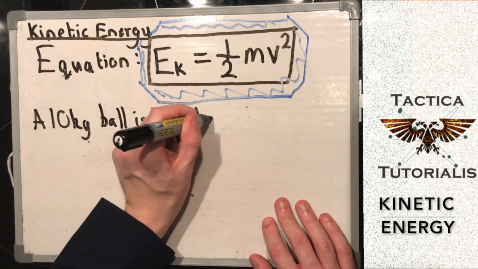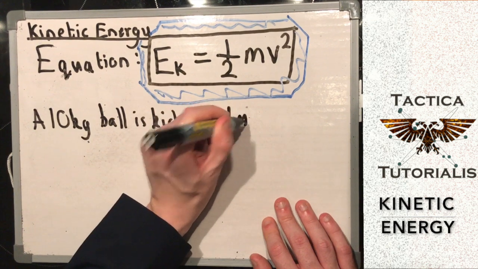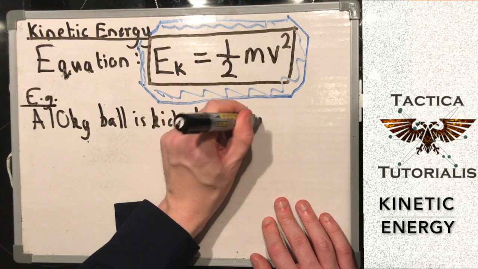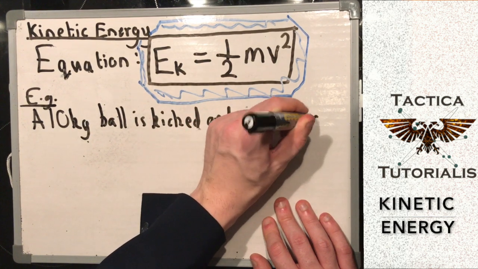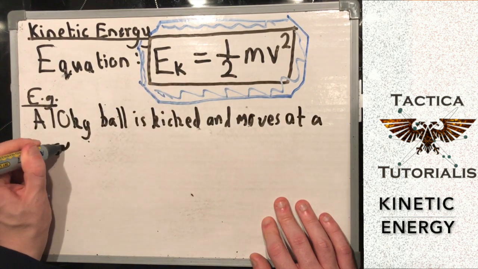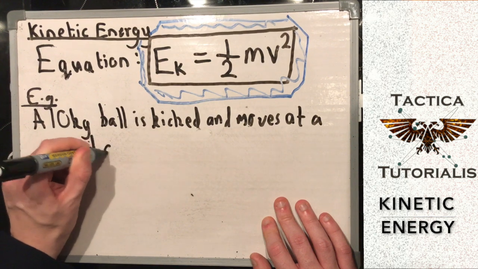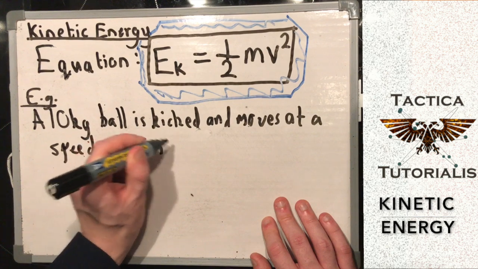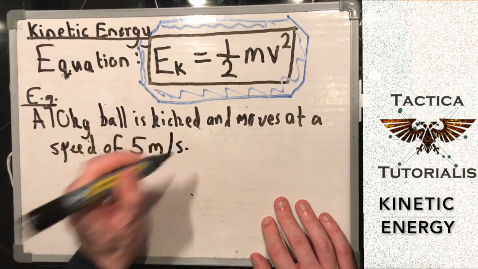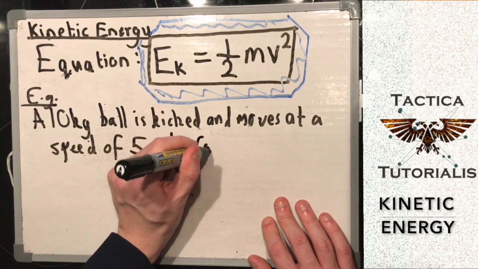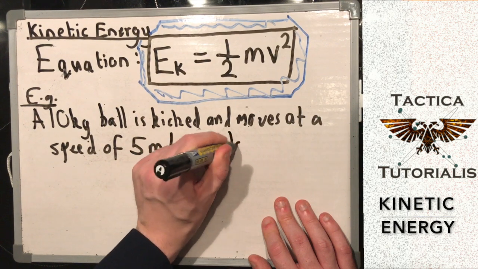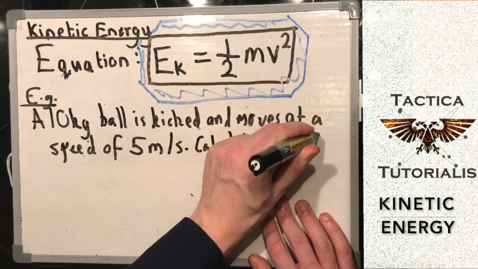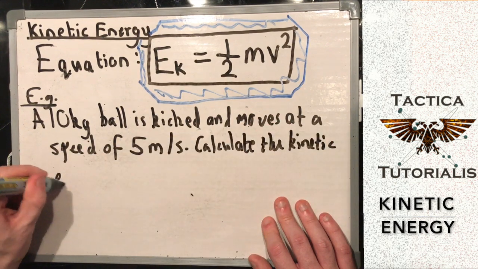Is kicked and moves, so I'll just call this EG, and moves at a speed of 5 meters per second. Calculate the kinetic energy.